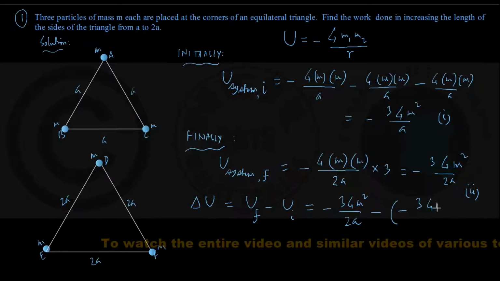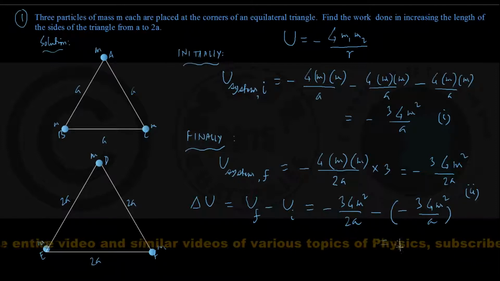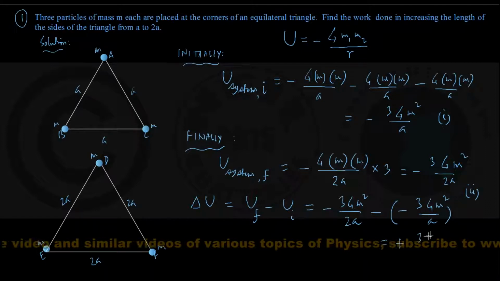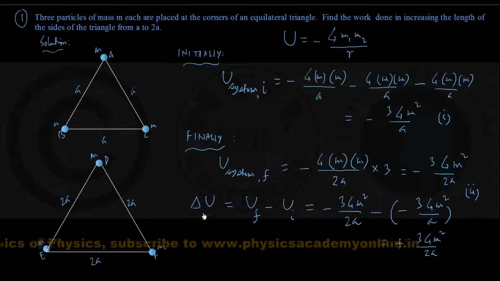Remain careful about the signs, and when you make this calculation, this is coming out to be actually plus, you can check it, 3 G m square by twice A. So in taking the particles from a separation of A each to a separation of twice A, there is an increase in potential energy of 3 G m square by twice A.